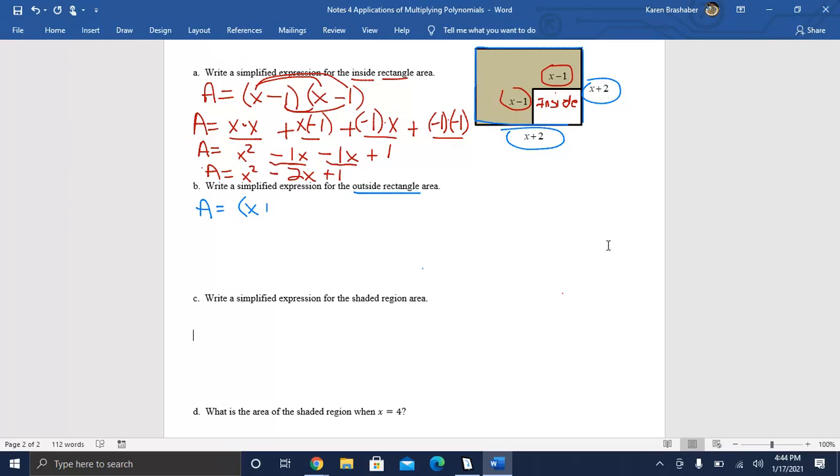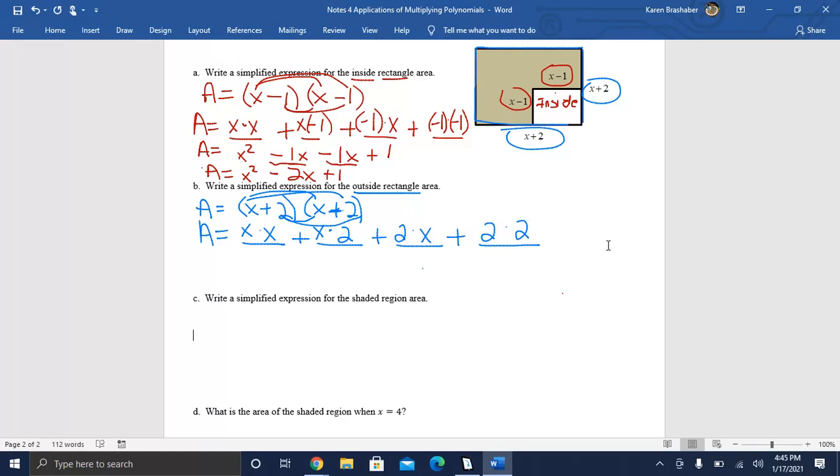So we'll set up that multiplication and set up our 4 workspaces. So we'll do x times x. We'll be doing x times 2. Then we'll be doing 2 times x. And finally, 2 times 2.